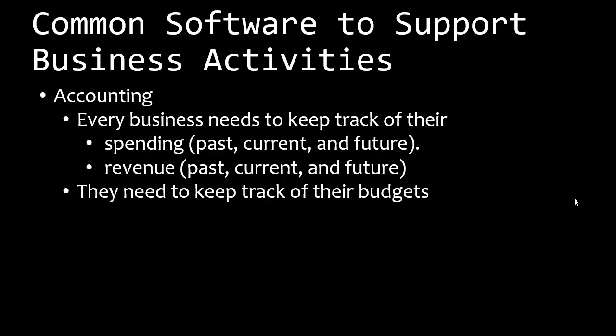Accounting. Every business, and we talked about this in my previous video about businesses, revolves around accounting. With that said, there is a major need for every business to track their spending and to track their revenue. That's what they're in business to do, to make money, and in order to make money, they've got to spend some money.